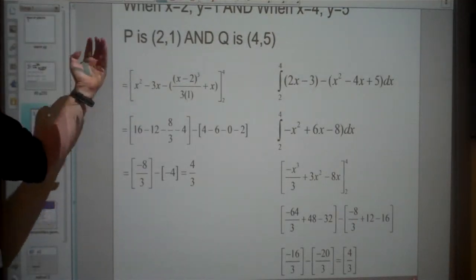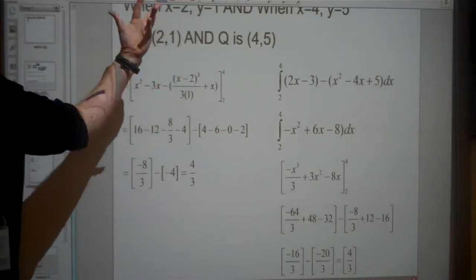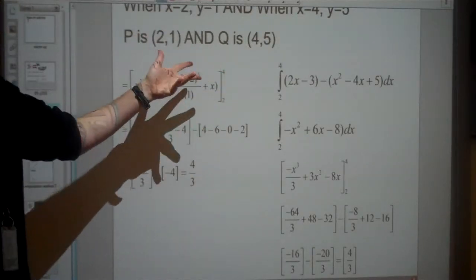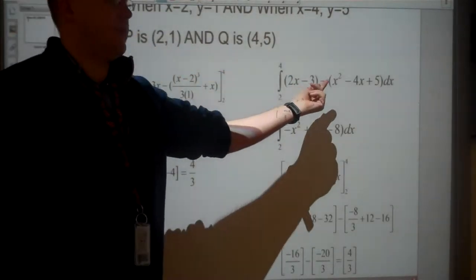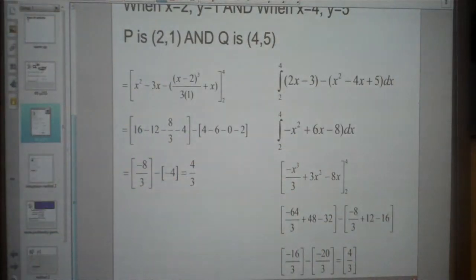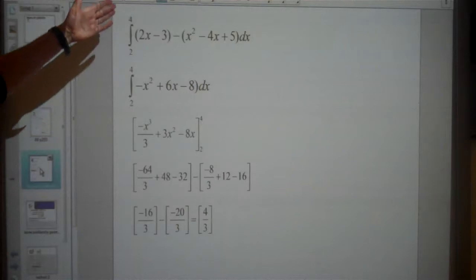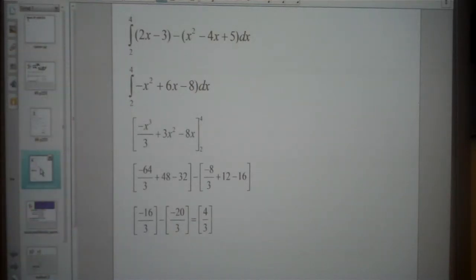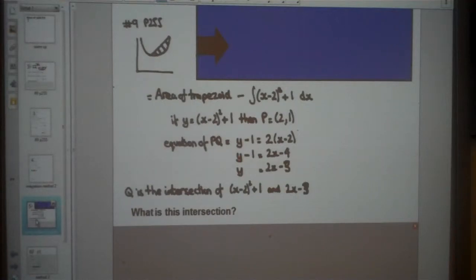You can go ahead and integrate f of x, integrate g of x and then plug the numbers in, or you can go ahead and simplify this first and then integrate, but you should still end up with the same answer if you do that. And I believe I just separated that so you can see that a little clearer if you prefer. Now you could also do the same question using geometry as well.